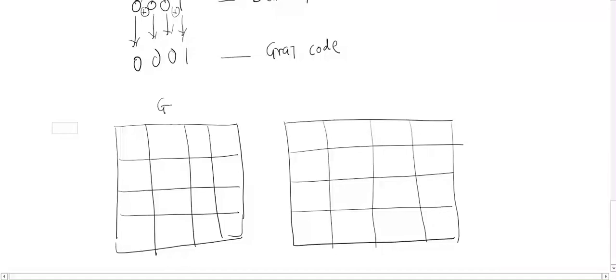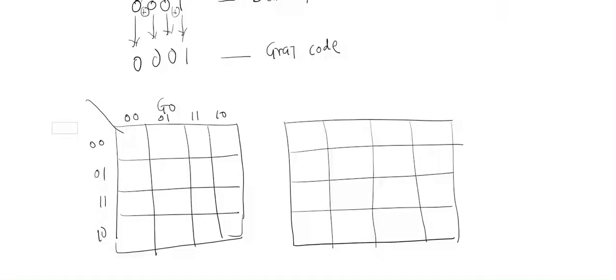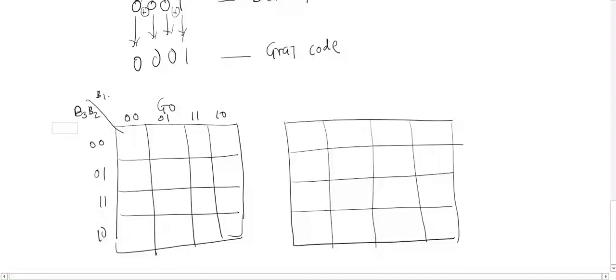Now this is the K-map for G0, with labels 00, 01, 11, 10 on both axes. The input variables, the BCD values, are B3, B2 and B1, B0.